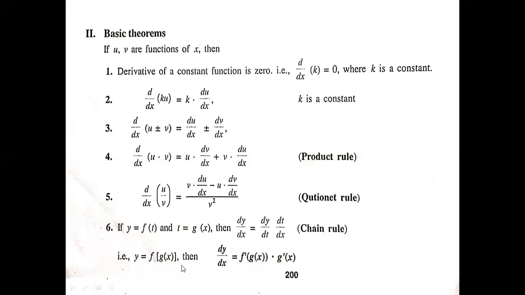Or suppose y is equal to f of g of x, then to find dy by dx, first differentiate the whole function, f dash of g, then also differentiate g of x, that is into g dash x. G dash x is the derivative of g of x. This is called the chain rule.